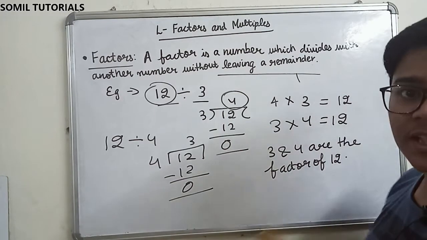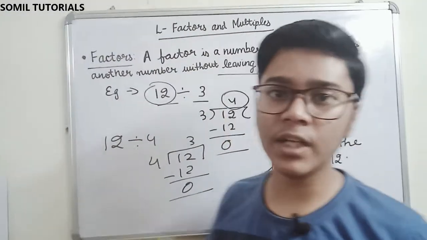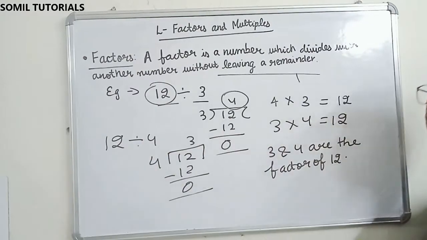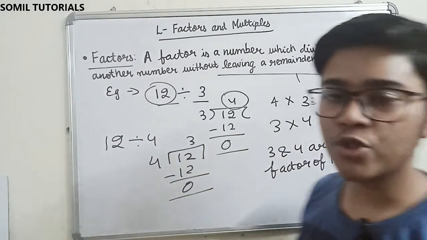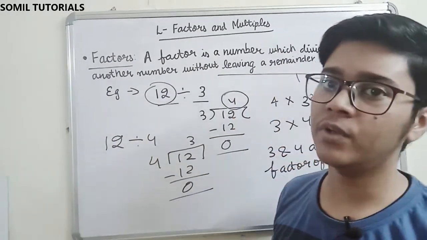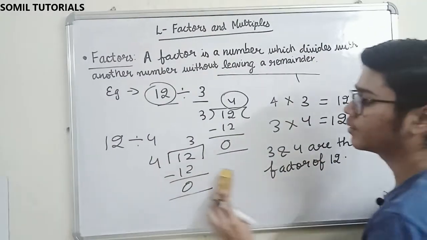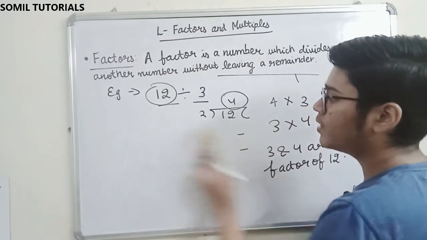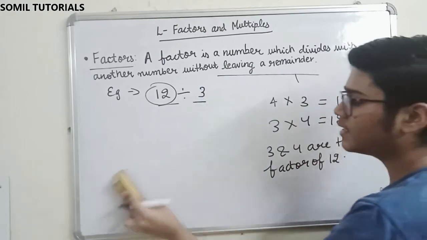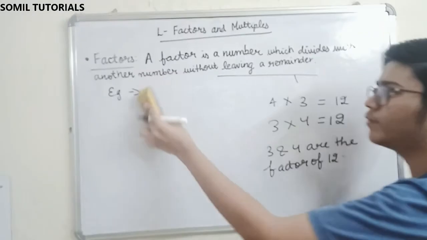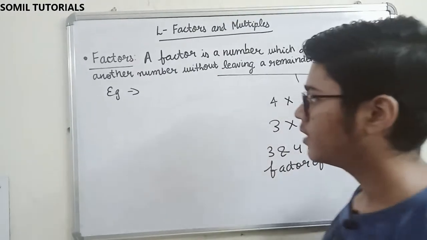Let us think of more numbers for which we can get remainder 0. First of all, you should understand we should be dividing with the lowest numbers. You must remember that while dividing numbers we should always start from the smallest numbers.